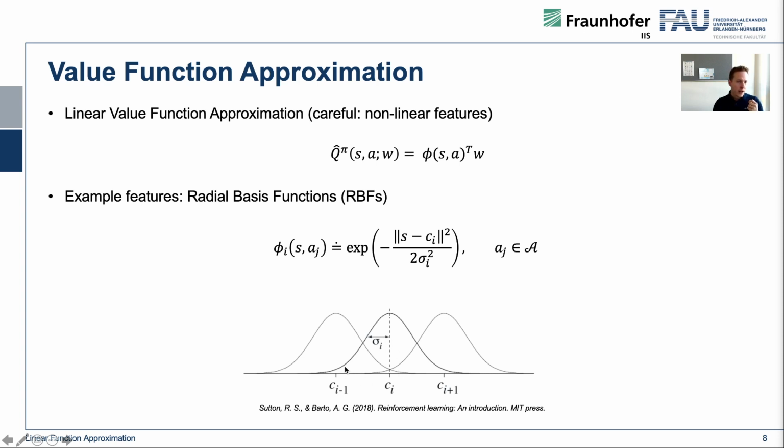Depending on where the actual state is, when we put it into this feature kernel, we get an activation. If we have a point here, we would have an activation of this value for C1, this value for C1 minus 1, and close to 0 activation for the kernel C1 plus 1.